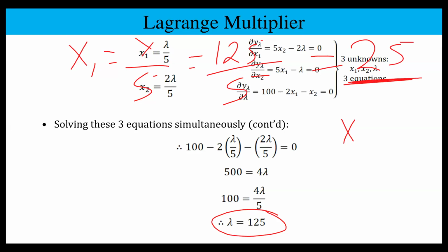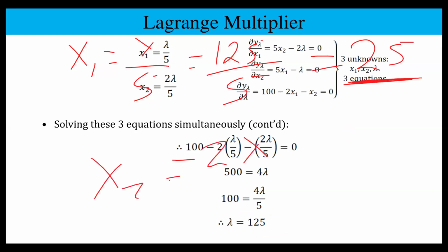Get the value of lambda that you find now, put it in the values of x1 and x2. For x2, it is 2 lambda over 5, and we know lambda.